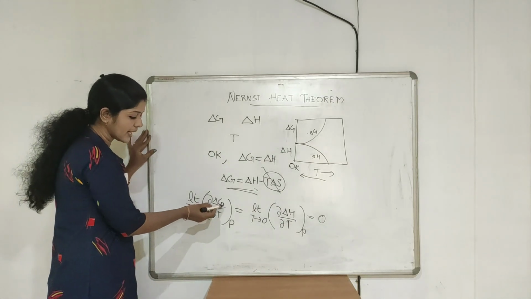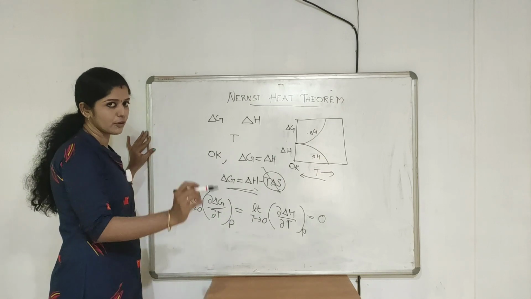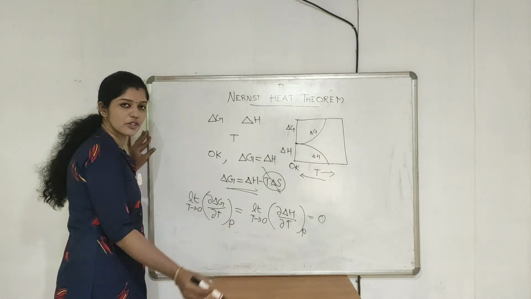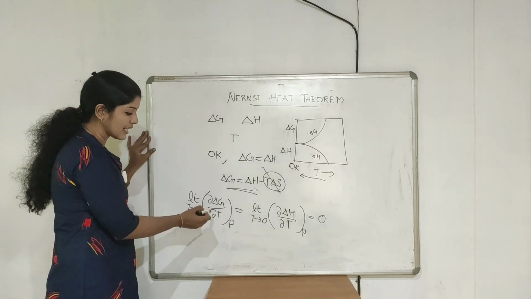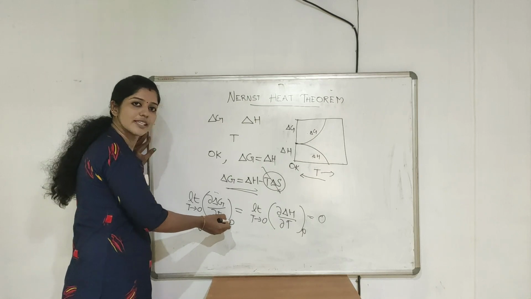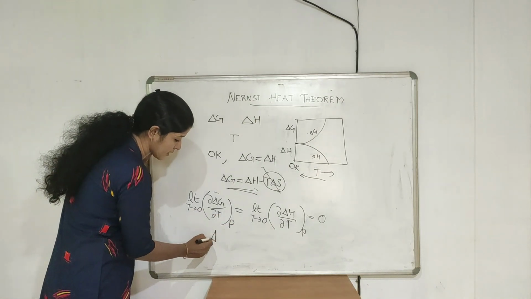Now, what is dou delta G by dou T at constant P? In my last video, I have already explained the dependence of free energy with temperature and pressure. From that, we know dou delta G by dou T at constant pressure is equal to entropy, delta S. Okay.